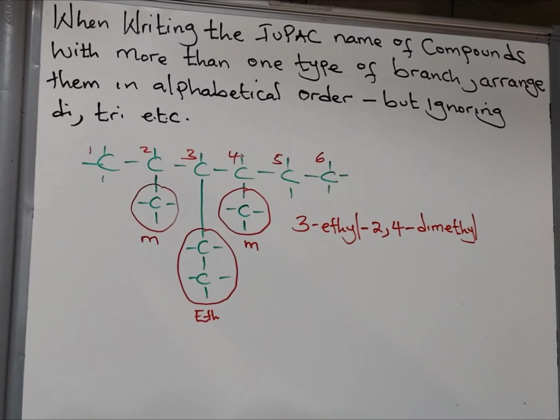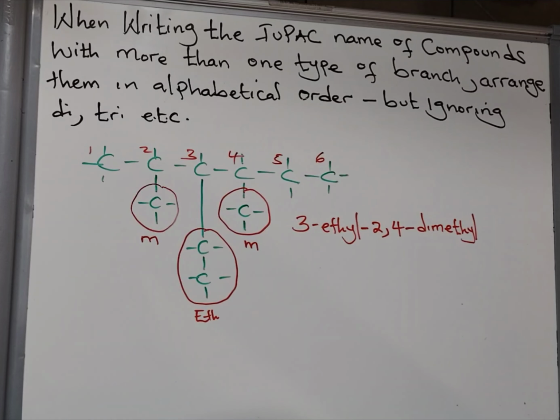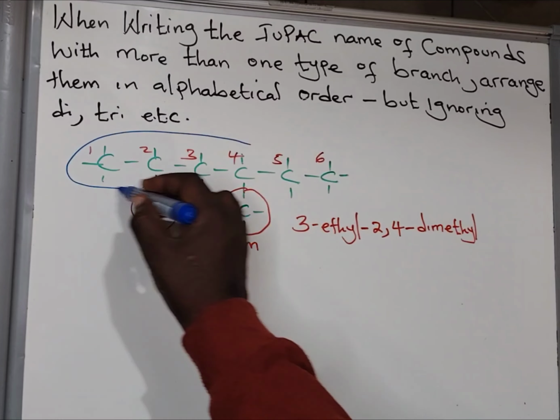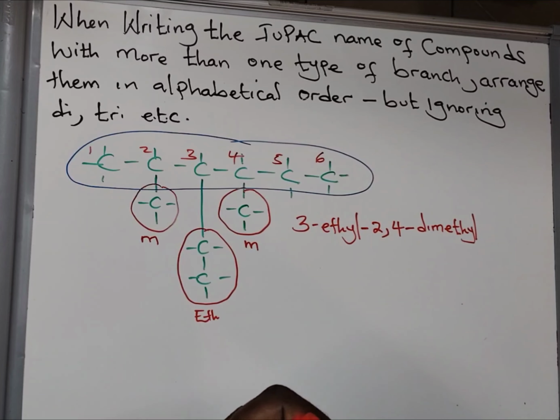Okay. So if you want to complete the whole compound, then you look at the number of carbon atoms on the longest chain. We must not forget that this is the longest chain we have, which we call the parent skeleton, and it has 6 carbon atoms.